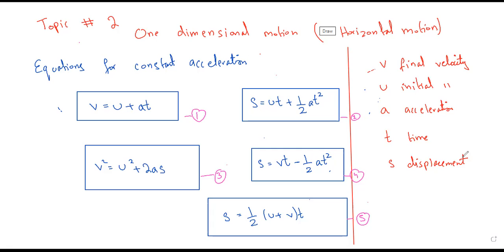Let's say I am going to talk about the horizontal motion for this one. Let's say we have a ball, okay, and it is traveling in the right direction with some initial velocity u. And then let's say this point is A, this point is B, and then this point is C.